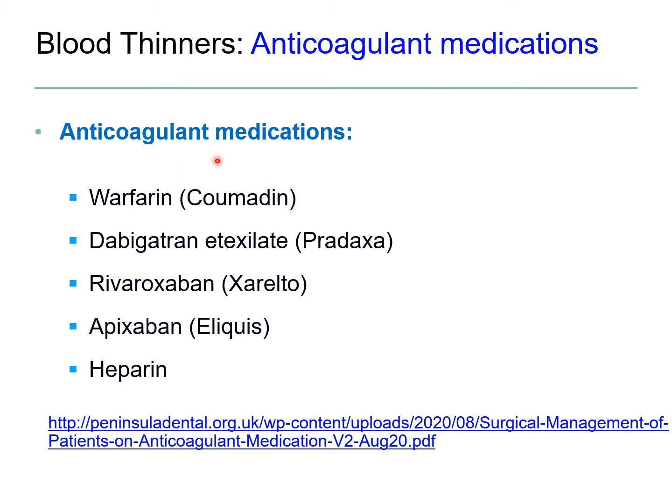Various anticoagulant medications such as warfarin, which is the most commonly used anticoagulant, dabigatran, rivaroxaban, apixaban, and heparin may impair blood coagulation, warranting additional precautions when undertaking invasive procedures in patients taking these medications. A full guidance on oral surgical management of patients on anticoagulant medications is available at the PDSC website.